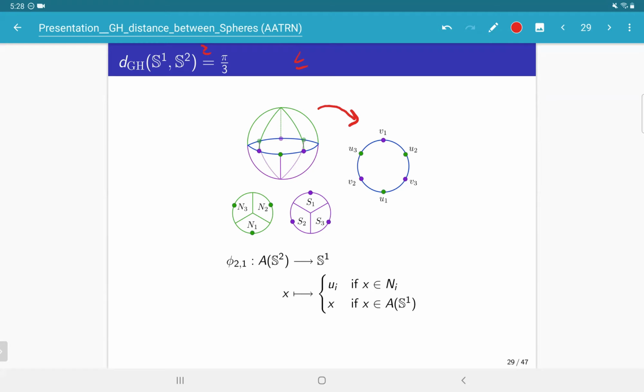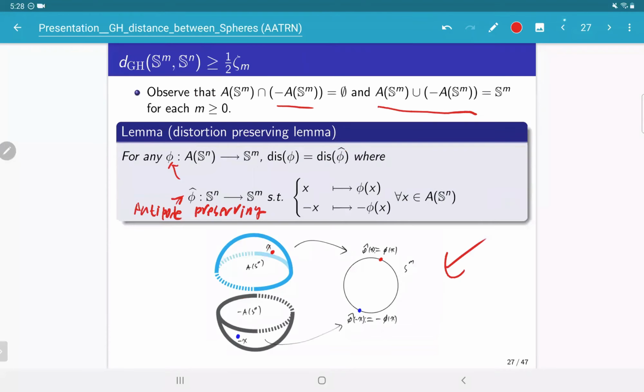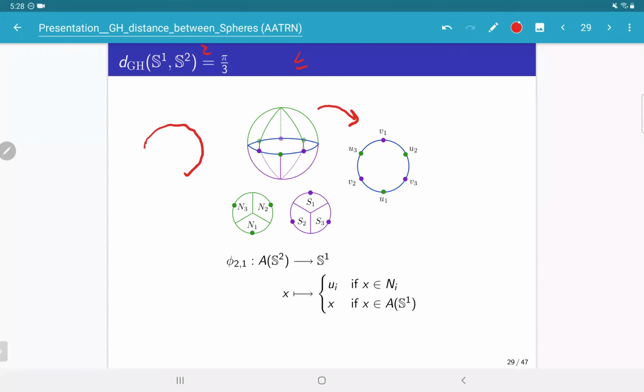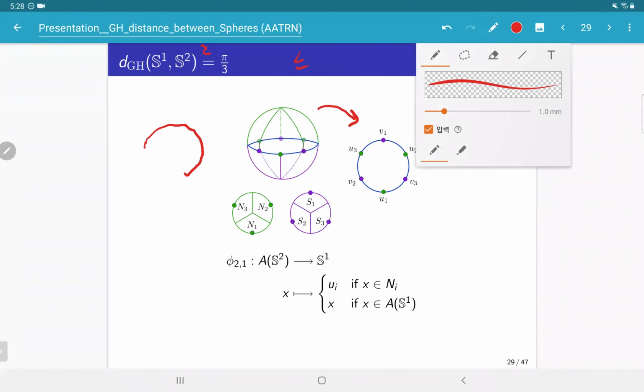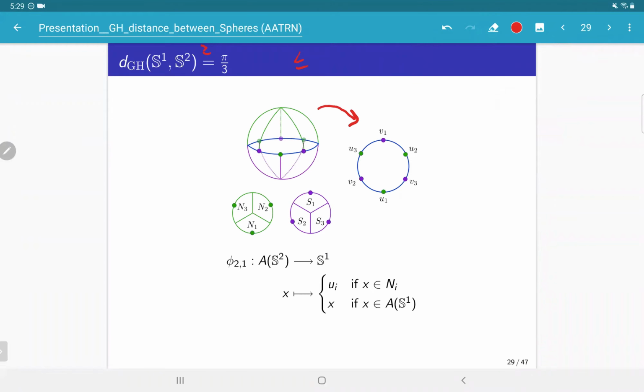So how can I do that? So imagine a map phi from A of S^2 to S^1. Here A of S^2 is something like, maybe it's better to, yeah, this is A of S^2. And if you remember the definition, A of S^2 is a union of a strict upper hemisphere and A of S^1.